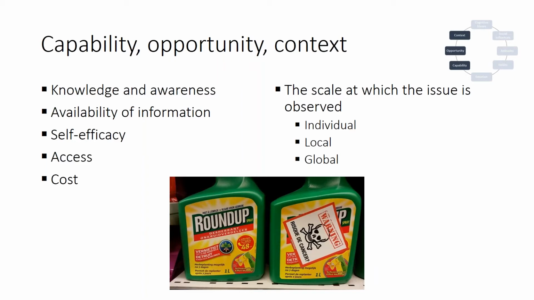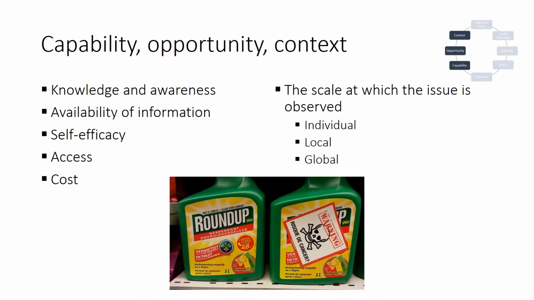But we also want to make sure that they have available information around alternatives. Do they believe they can use alternatives? Do they have access to it? And are there costs involved? So if the costs of the alternative products are more, then that could potentially be a barrier to using alternatives.